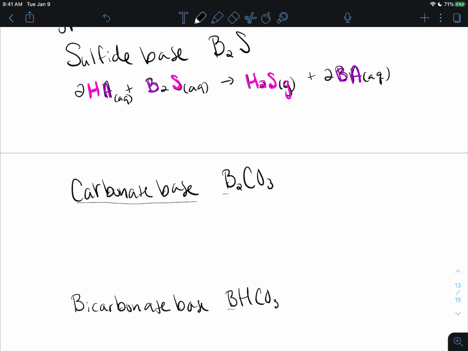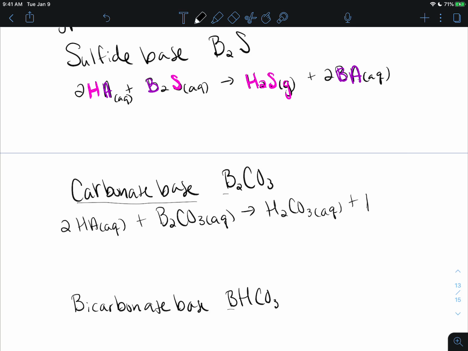Next, we have our carbonate base. For the carbonate base, we've got the general reaction: 2HA plus our carbonate base forms carbonic acid and a salt.